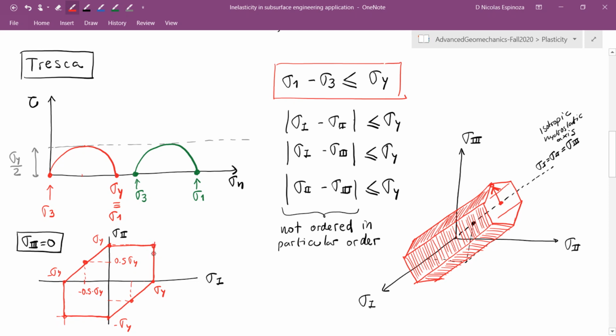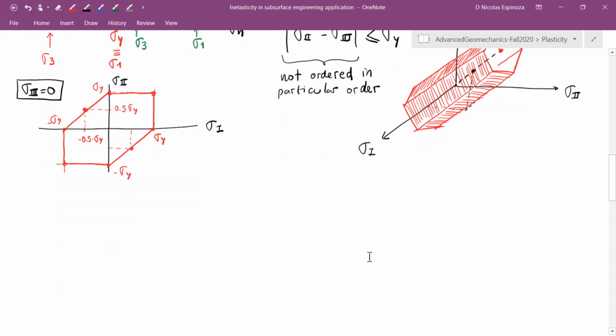And having two derivatives from each side makes it not very easy to deal with in computational mechanics. So rather than that, what we could look for is another type of criterion similar to this, but with smooth edges. And that's what the von Mises criterion does.